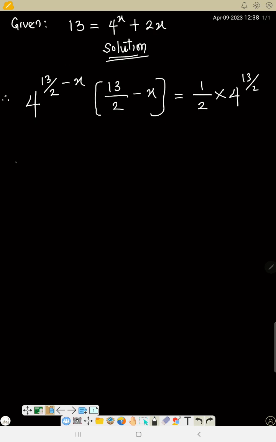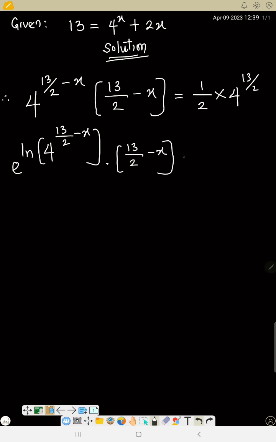So that will be e raised to power ln of 4 raised to power 13/2 minus x, times 13/2 minus x, is equal to 1/2 times 4 raised to power 13/2.